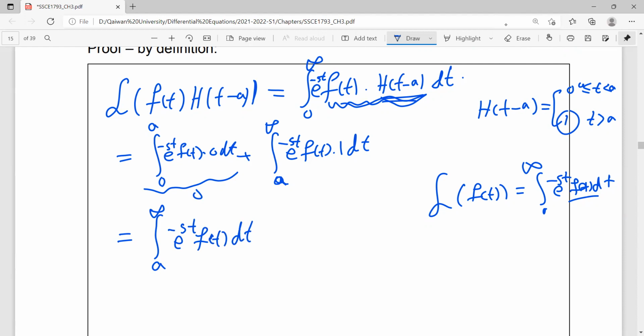Okay, f of t minus a. Sorry, I really forgot to write down t minus a here. Here you have t minus a times 0 dt. This is t minus a.